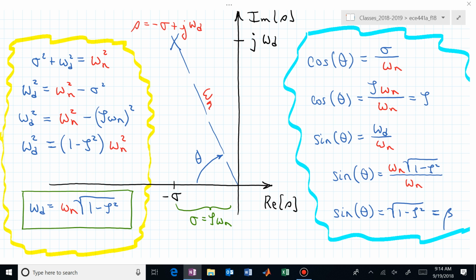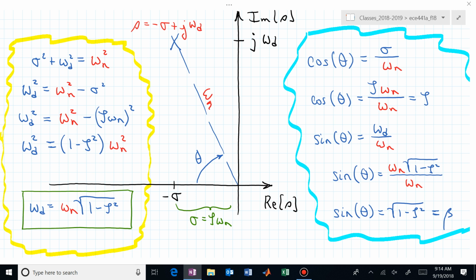A squared plus b squared equals c squared gives us the first line. We solve for b squared. Then we have this sigma. If we play with both highlights, we can find out what sigma is in terms of the hypotenuse and zeta. So the blue highlights tell us our trigonometry. That's our trigonometry review.